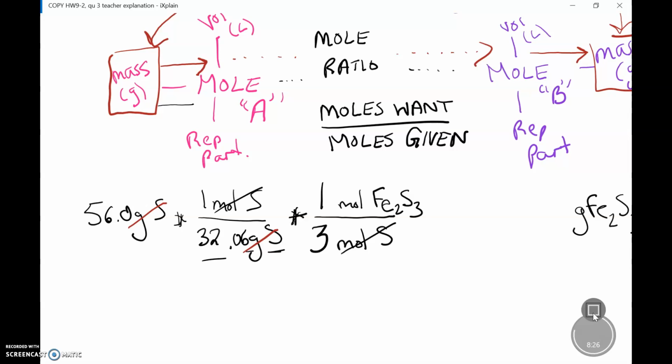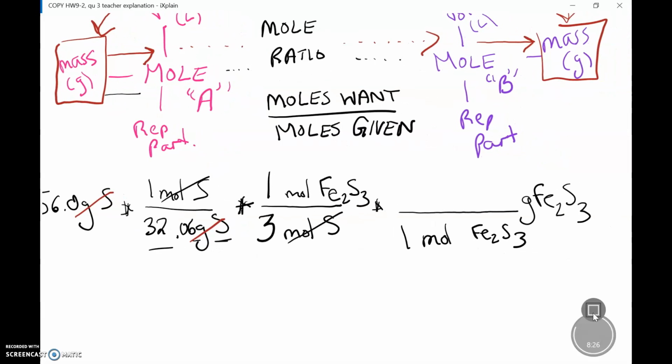However, we're not solving for moles, we're solving for grams. So this involves an extra step where we need to go from moles of iron 3 sulfide to grams of iron 3 sulfide, which is of course the molar mass. You would have to calculate 2 irons, 3 sulfurs altogether, which should give you about 207.9 grams of iron 3 sulfide.